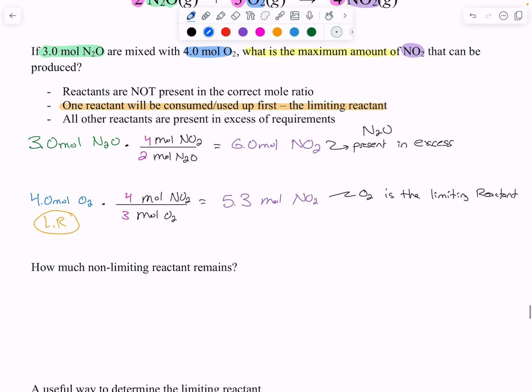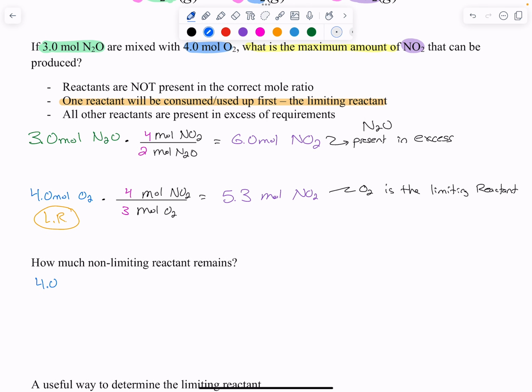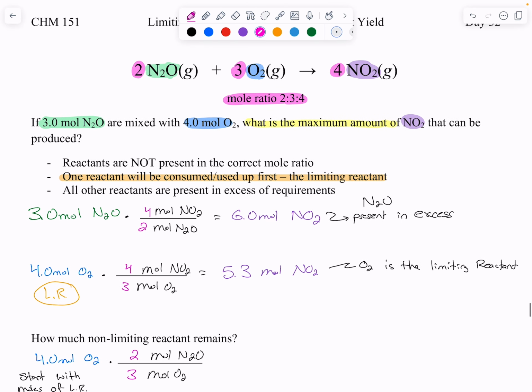We start with 4 moles of O2 because that's our limiting reactant. You start with moles of limiting reactant, then moles O2 on the bottom and moles N2O on top, and it would be 2 to 3, because if you look at the equation, 3 moles O2, 2 moles N2O.